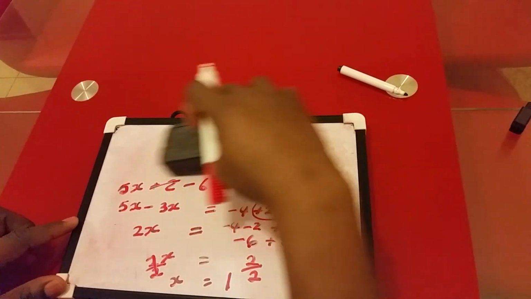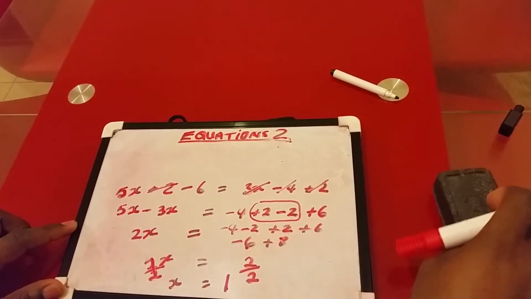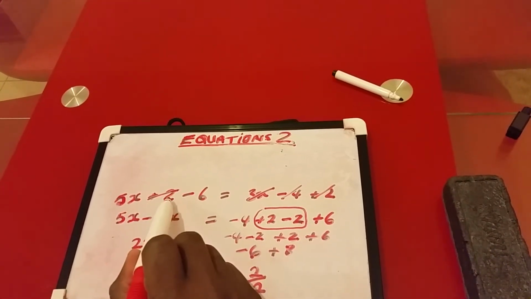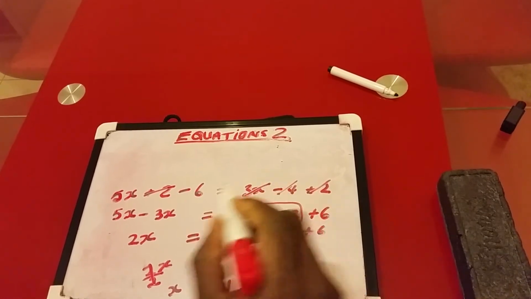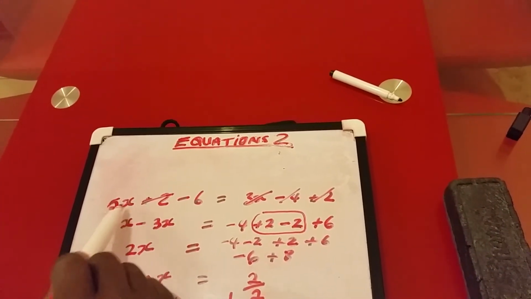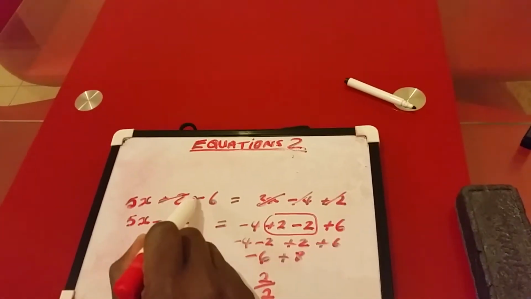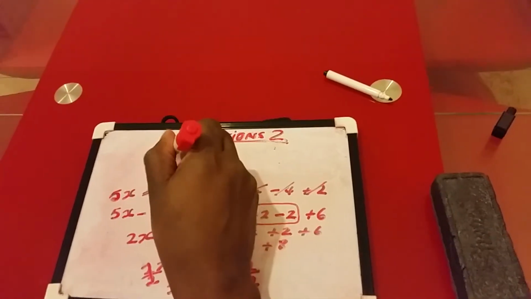So if I just erase this. The first side was 5x add 2 minus 6, which should equal the other side of the equation. Now we just solved that x is 1, so 5 times 1 is 5, plus 2 is 7, take away 6 is 1.